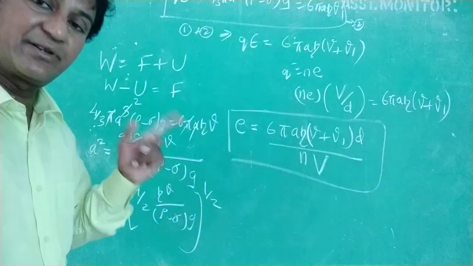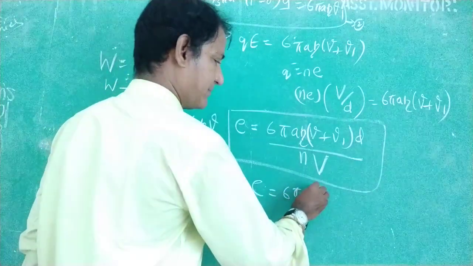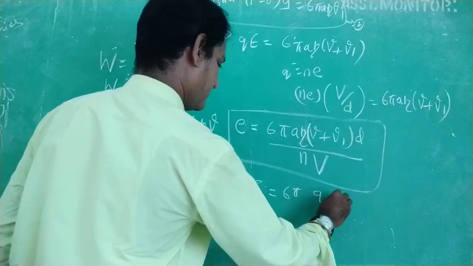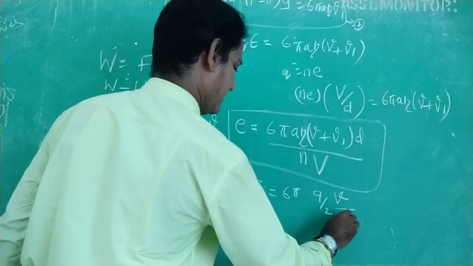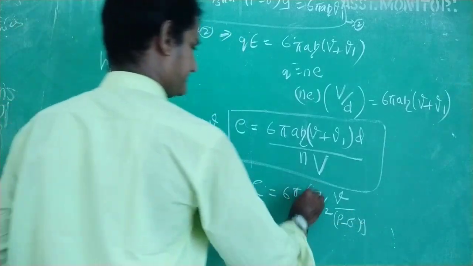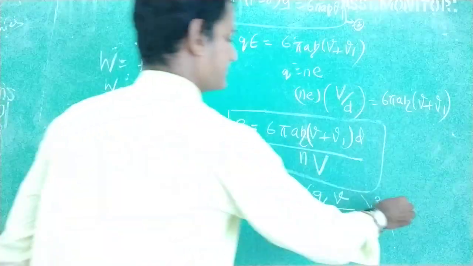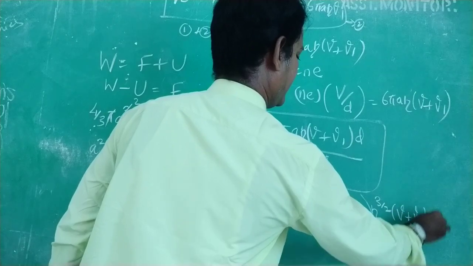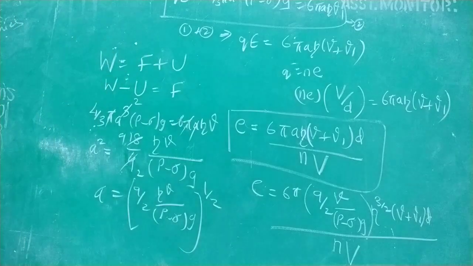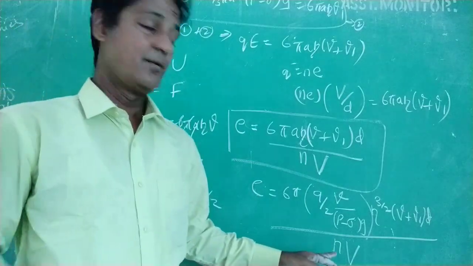So I get 6 pi in place of a, 9 by 2 V by rho minus sigma into g, eta power 3 by 2, into V plus V1 into D divided by N into capital V. So this is the formula. Divided by NV, NV is written here, right?